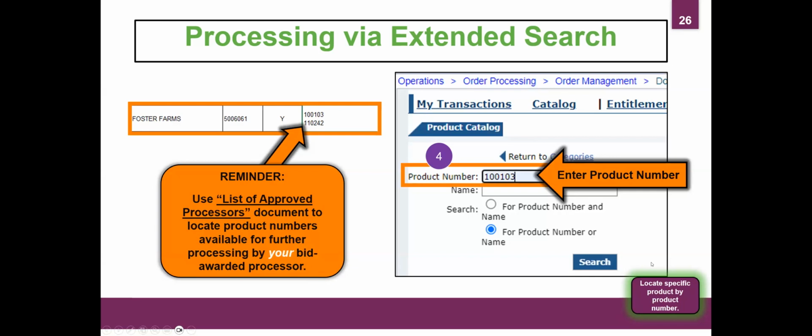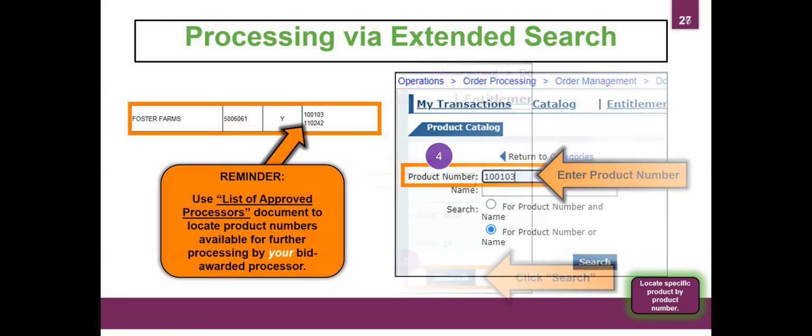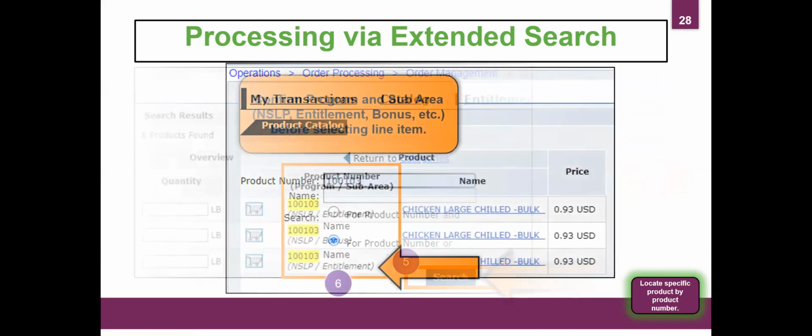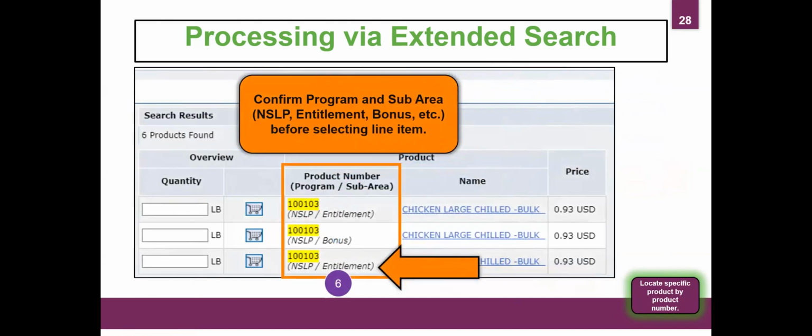And then remember, we're pulling that number from our spreadsheet and we're going to enter that product number into the product number field. That's our material code, product number, kind of all means the same thing. And then we click search. And then from here, it does the match, brings it up.